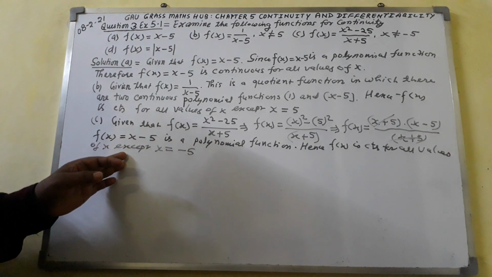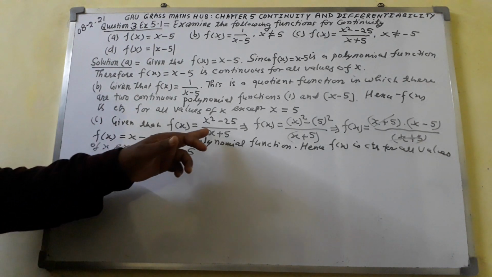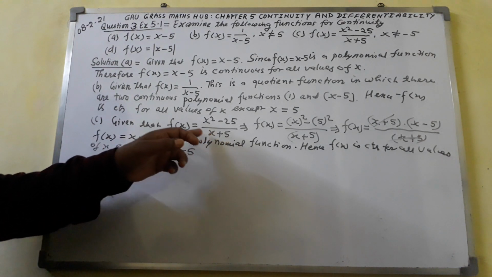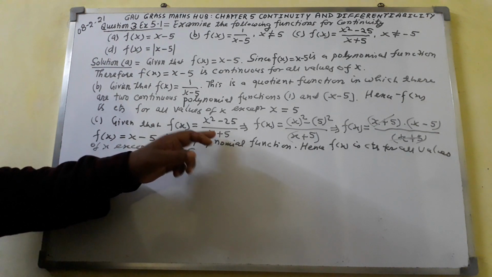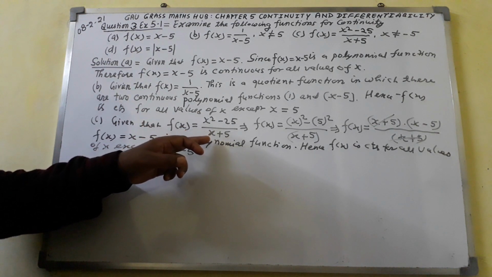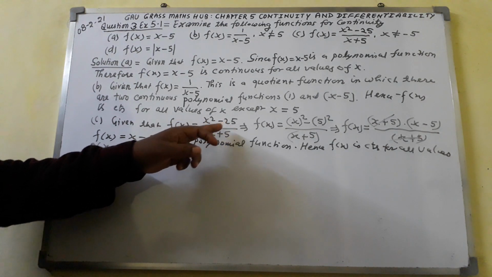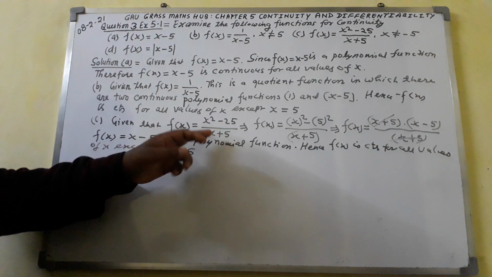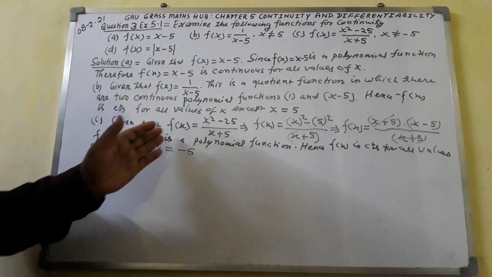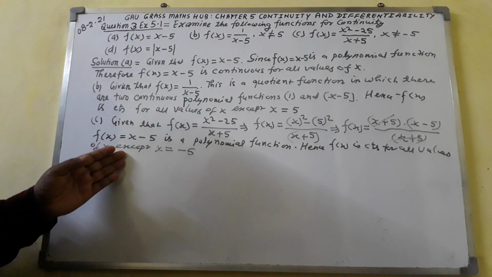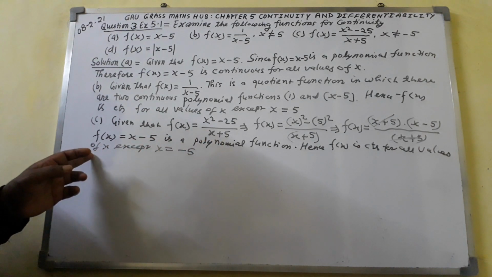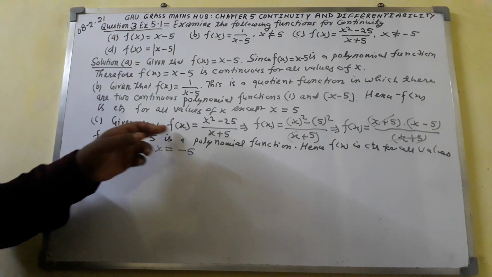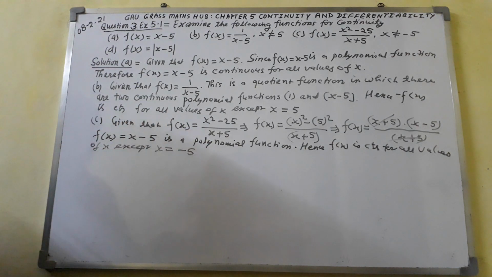Why except x equal to minus 5? If you put x equal to minus 5, in the denominator you will get minus 5 plus 5, which comes out to be 0. The denominator will become 0, and the numerator x square minus 25 over 0, f of x will not be defined, going up to infinite. That's why, except x equal to minus 5, for all values of x, f of x will be continuous.